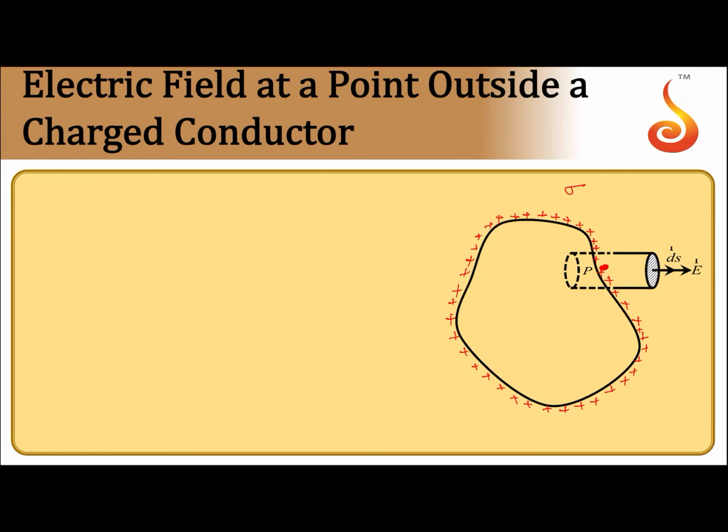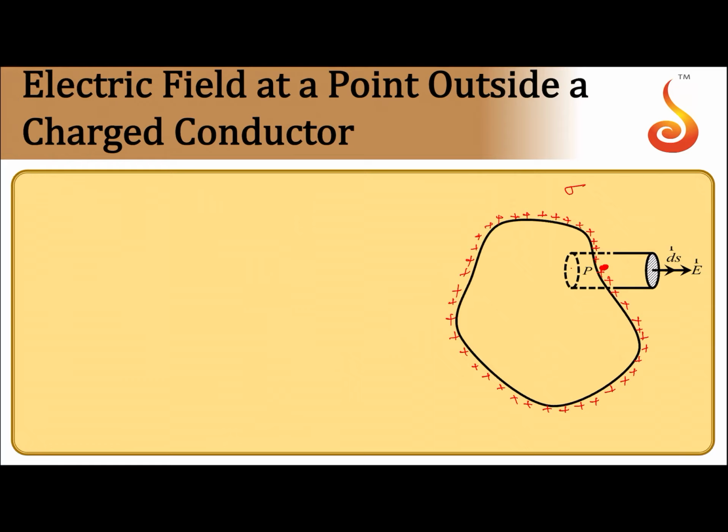For this purpose, I will consider a Gaussian surface which is a small cylindrical pillbox shaped Gaussian surface, in which the point P lies along the axis of this cylinder. That is how I will choose it.